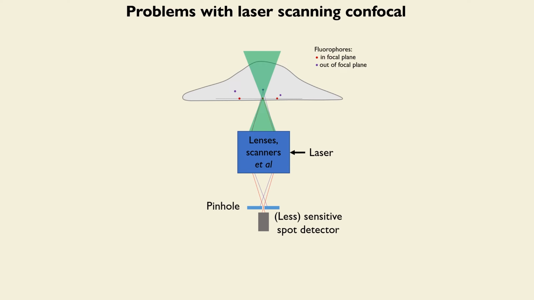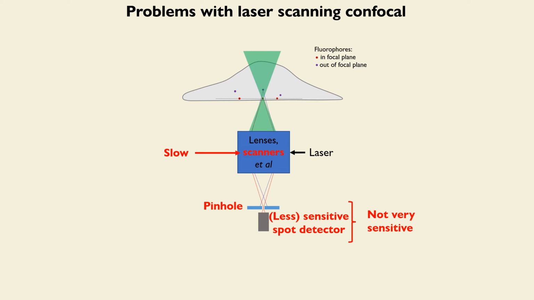So let's talk about some of those problems. First of all, we are throwing away some of the light, hopefully mostly out of focus light, at the pinhole, and we are therefore detecting only some of the light on a spot detector that's less sensitive than a camera. So this is a problem because we are losing photons and not making the most of the ones we get. So this is not a very sensitive technique.